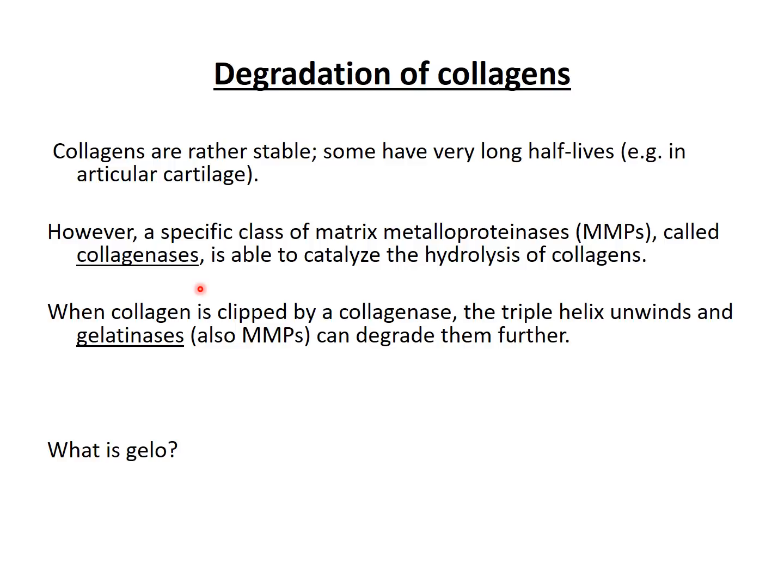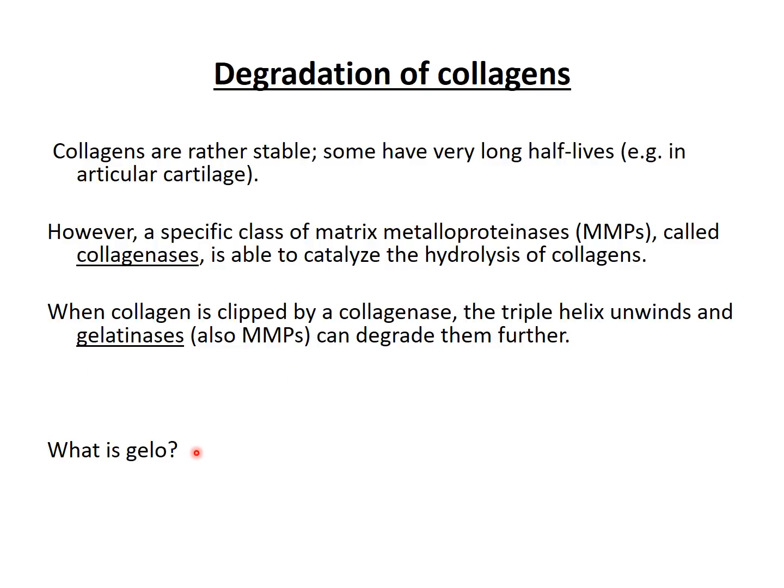Then the triple helix starts to unwind. And when the triple helix unwinds, we get so-called gelatins, and other enzymes, which we call gelatinases, also fall into the matrix metalloproteinase category. They can degrade the collagen down to amino acids.